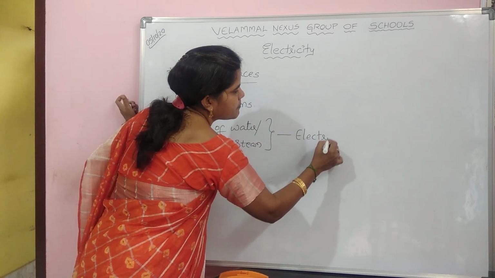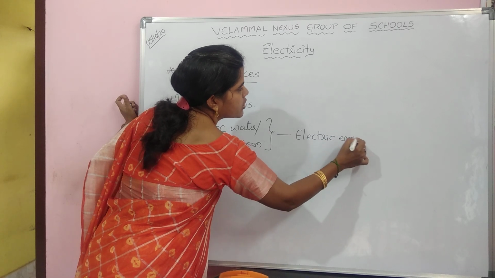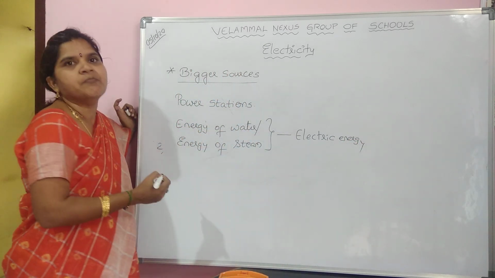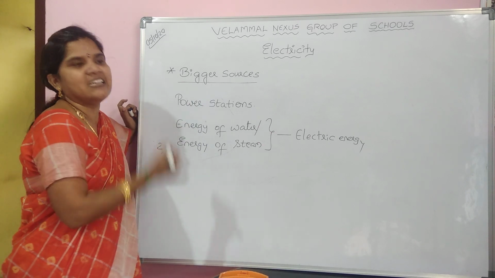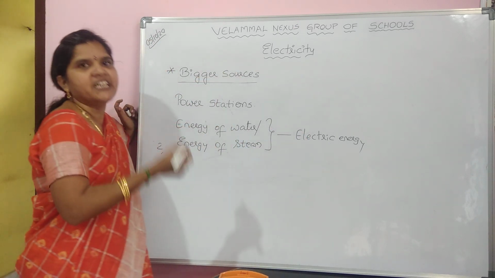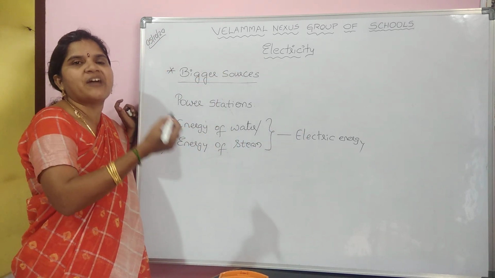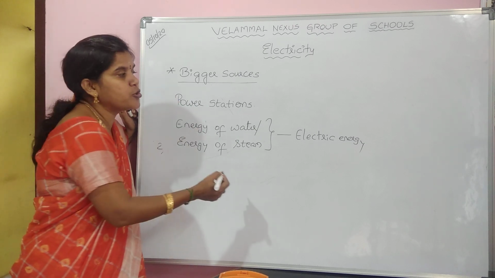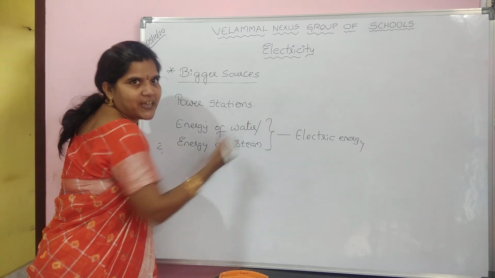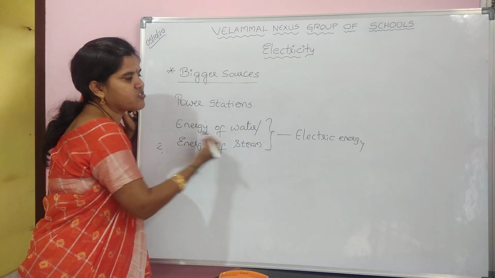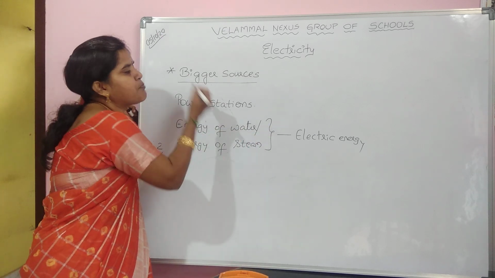I repeat, children, the energy of water or the energy of steam is converted into electrical energy. That electrical energy is used in homes, industries, factories, everywhere. This conversion of the energy of water or steam into electrical energy takes place at power stations.